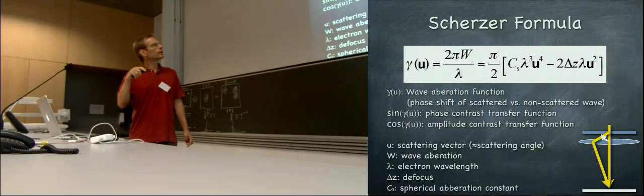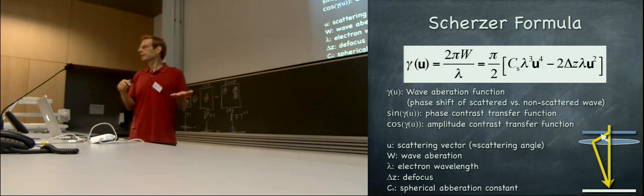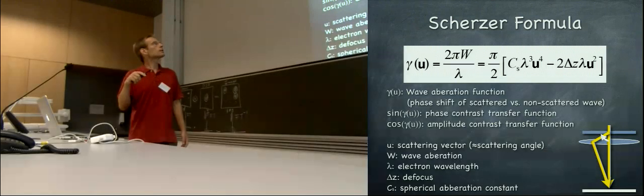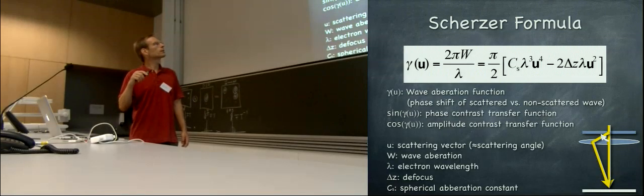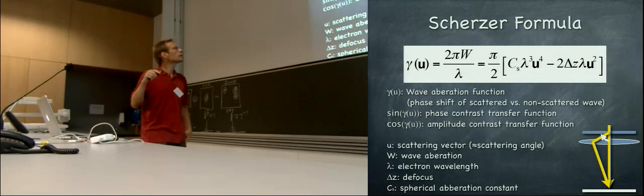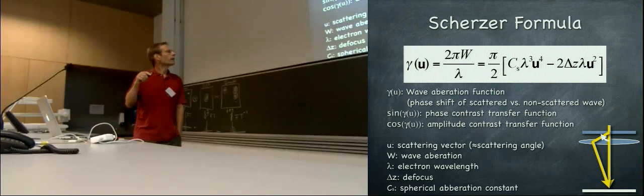And this is a function that depends on the wavelength of our electron microscope. Higher kilovolts, 300 kilovolts, has a shorter wavelength, and therefore this phenomenon is actually no. This is the longest. So here's another function. It's the wave aberration function.